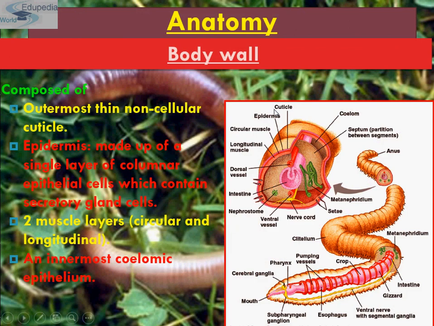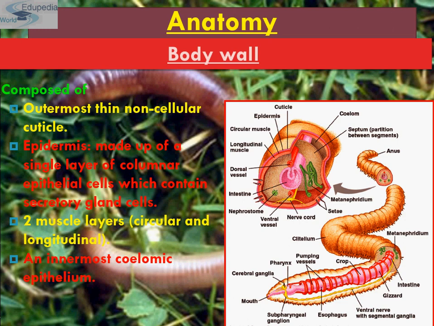Now comes anatomy. We have already studied morphology. Anatomy means the study of the internal structures of the earthworm. The body wall is composed of the outermost thin non-cellular cuticle.